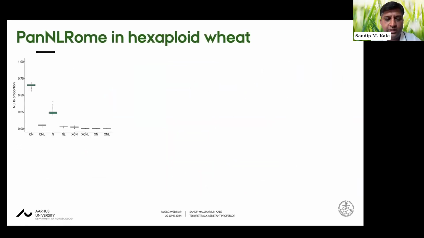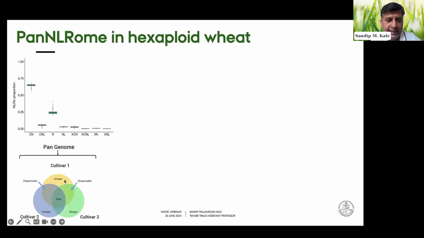Once we got this, we sequenced these enriched NBS-LRR fragments using 2x250 paired-end data, and then the data was analyzed to identify NBS-LRRs using de novo assembly pipelines. And then we studied the different domains present in these NBS-LRRs. As expected, we found mostly coiled-coil NBS-LRRs in our data set, which is characteristic of monocots.